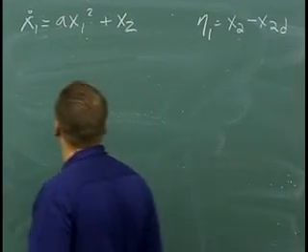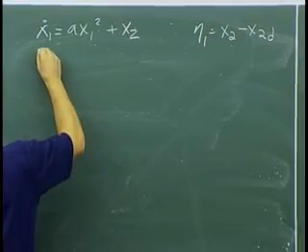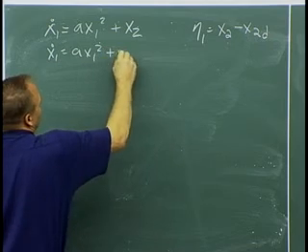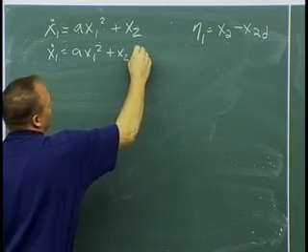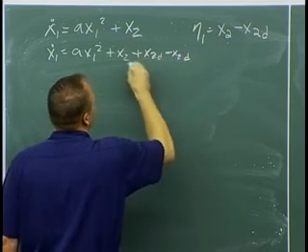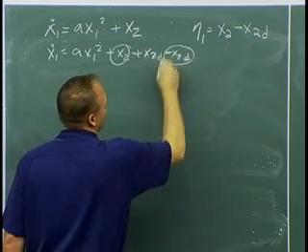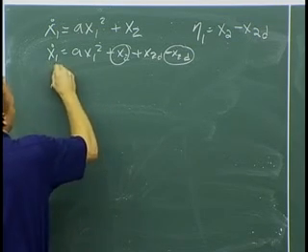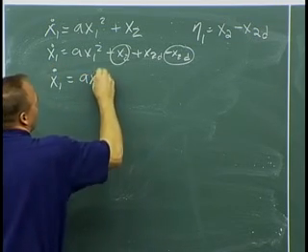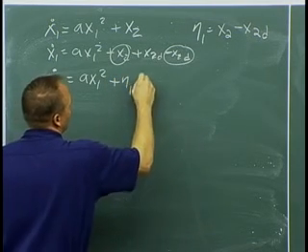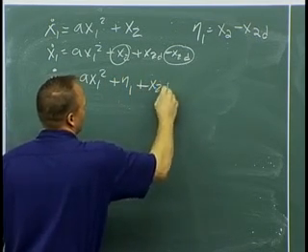Okay, x2 minus x2d, which means we have x1 dot equals a x1 squared plus x2 plus x2d minus x2d. Okay, so this term and this term are the backstepping error a2,1. So x1 dot equals a x1 squared plus a2,1 plus x2d.